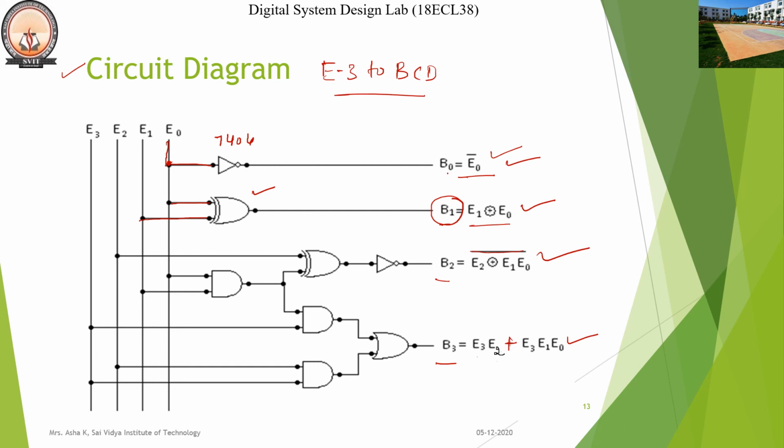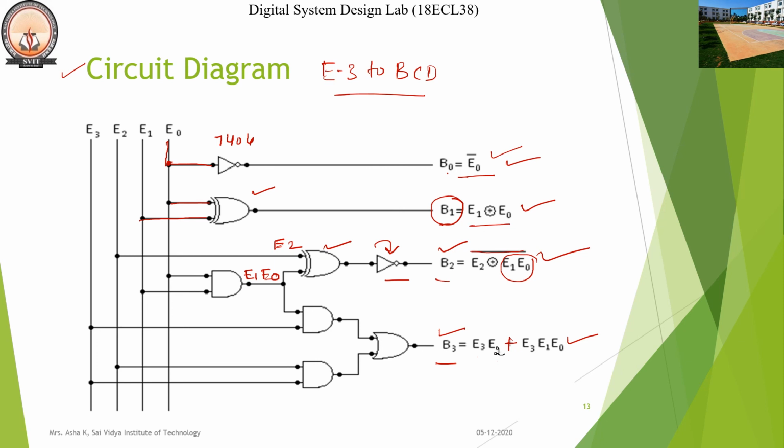Similarly, E2 XOR with E1 E0 whole complement. Consider the term E1 E0 with the help of an AND gate IC, and obtain the expression E1 and E0. Then considering the E2 bit, perform the XOR operation, then pass it through an inverter to obtain the expression for B2.